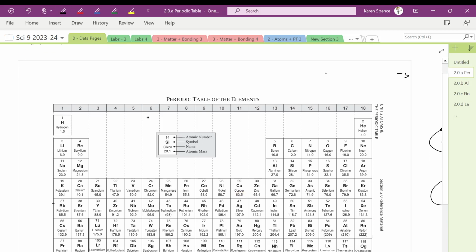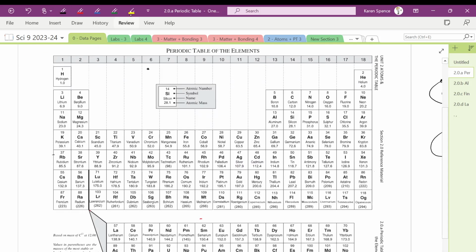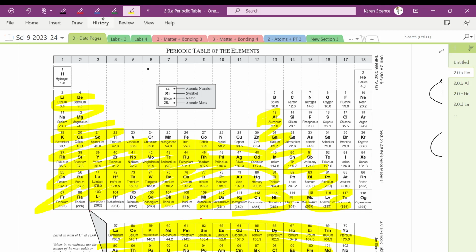Where are the metals on the periodic table? They're on the left. Okay, so all of this over here. I'm not quite sure I got that border right, but it's close. And over here, these are all our metals, yes? All our non-metals are over here.